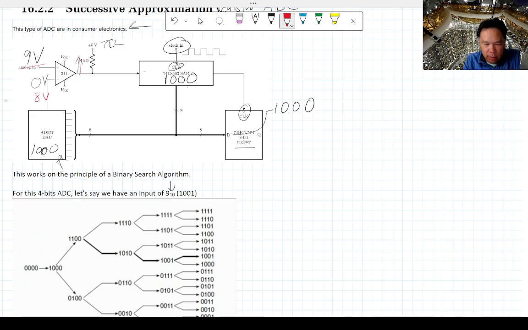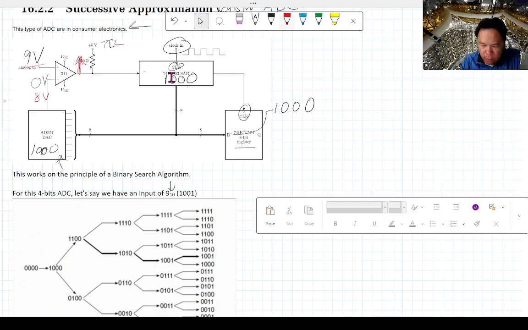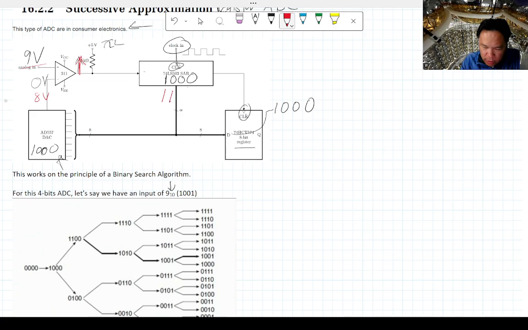So this comparator is high once again, but the second time it goes through, it sees that you already have 1000. What I'm going to do is flip one more bit, the next one, to be 1100. That gets forwarded to the register, and then to your DAC.